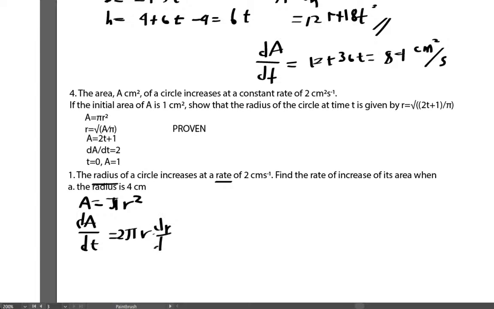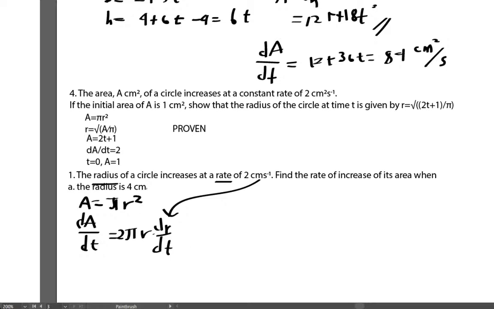And you know what dr over dt is, because of this guy here: the radius increases at the rate of 2 centimeters per second. That means this should be a constant. The only thing that differs is r, the radius, how far the radius will actually be.